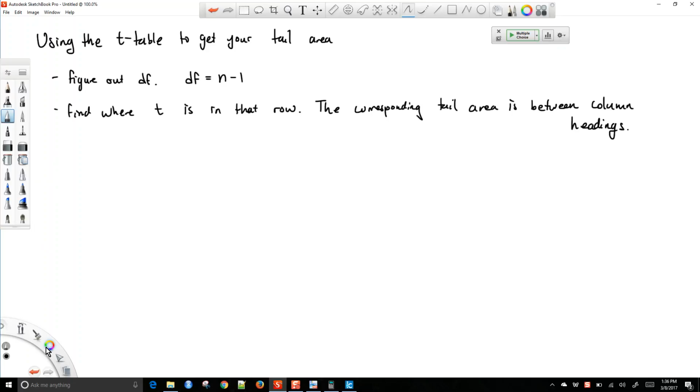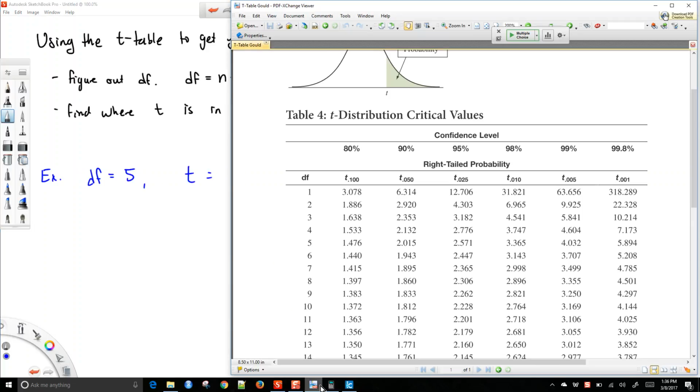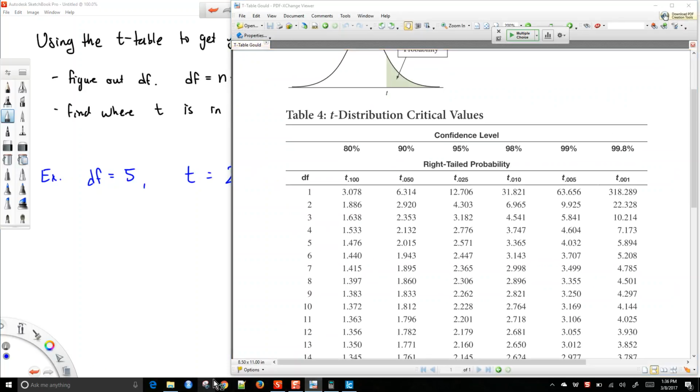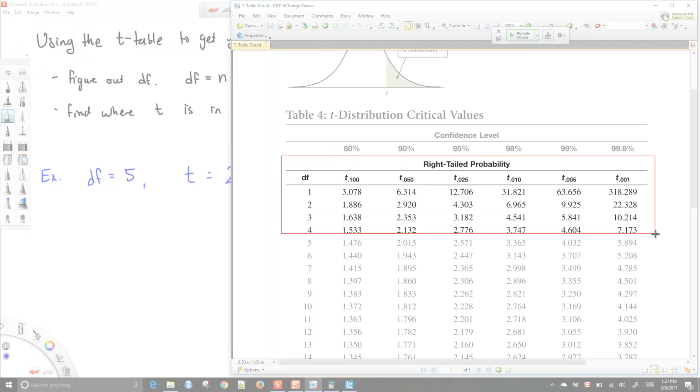Okay, so let's just do an example. All right, so our example, let's say we have degrees of freedom equal to 5, and my t is equal to 2.94. Okay, so let me just kind of copy this row up to 5 degrees of freedom.